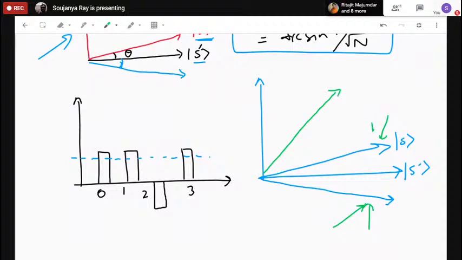So when you do this, you reach a state where the angle is 2 theta, and you can call it W. I just missed the W here.